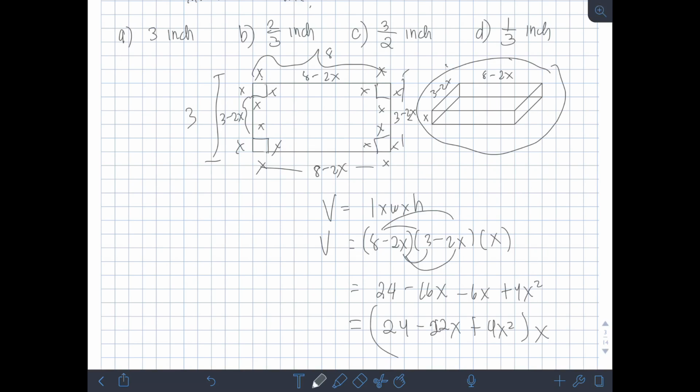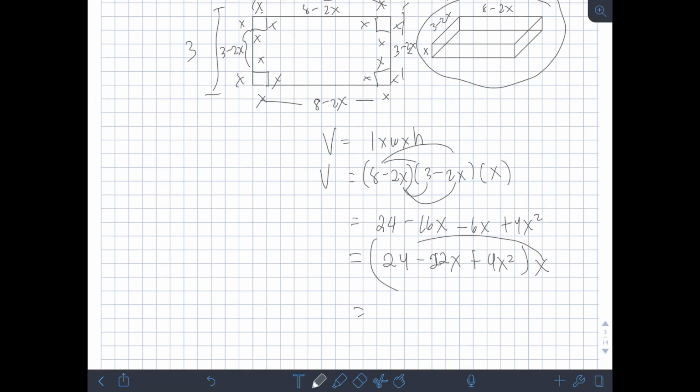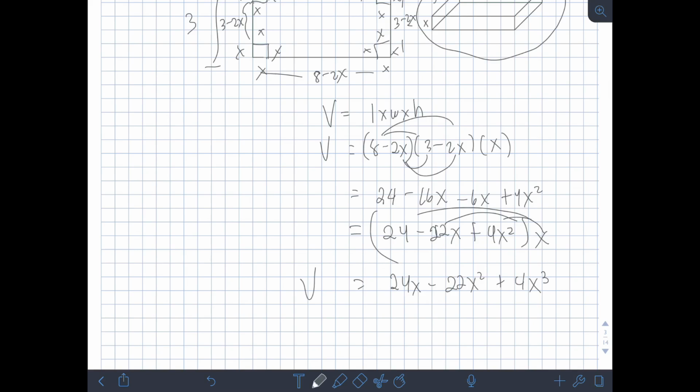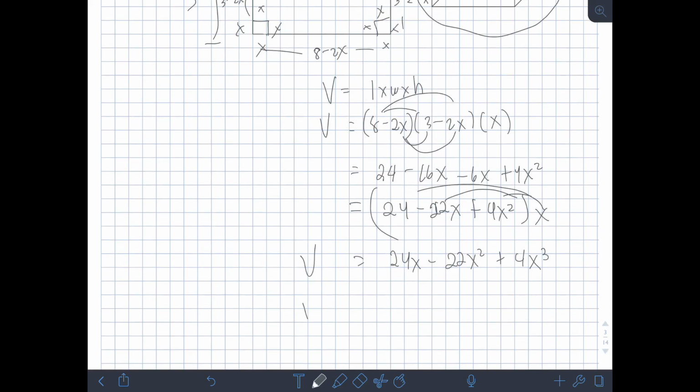And then, nakamultiply pa sa x. So, we have, distribute lang, 24x minus 22x squared plus 4x cubed. Okay? Tapos, i-differentiate natin to. So, V prime is equal to 24 minus 44x plus 12x squared.